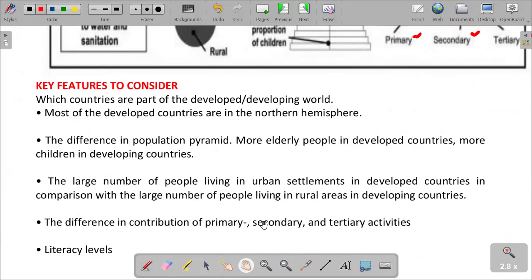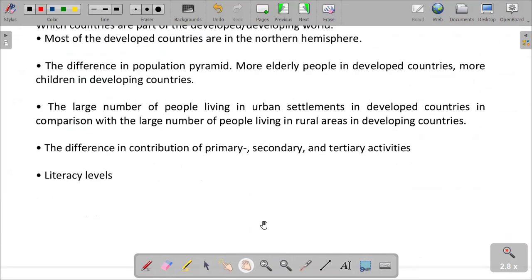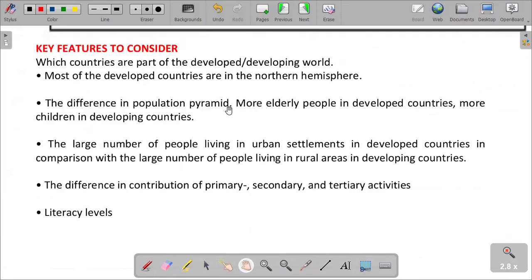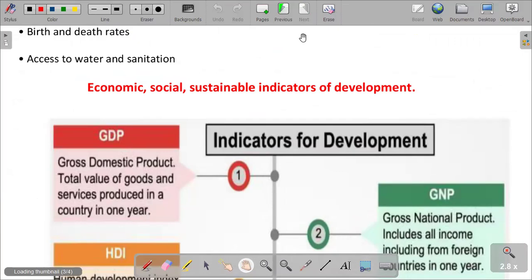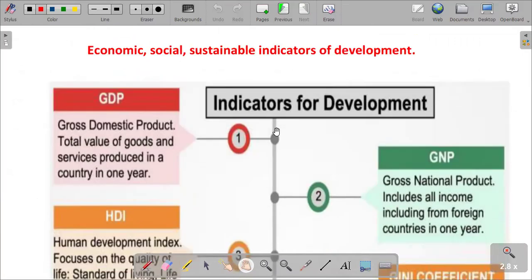Like I said, the population pyramid, rural and urban settlements, people living in rural versus urban areas, and obviously in that case we'll come to the economic indicators of development. I'm going to explain these in greater detail.